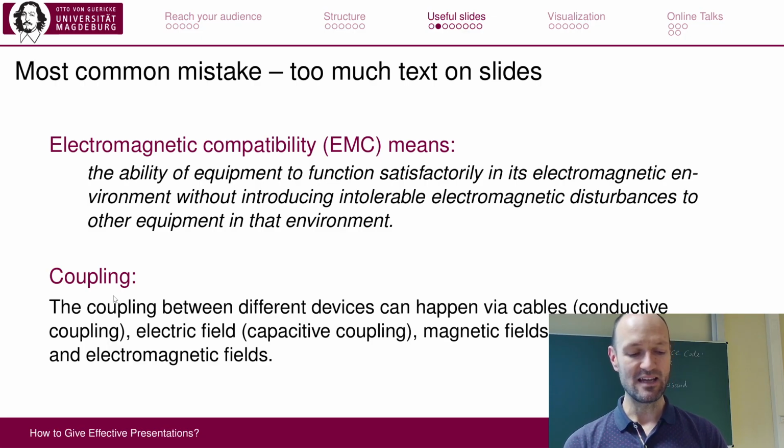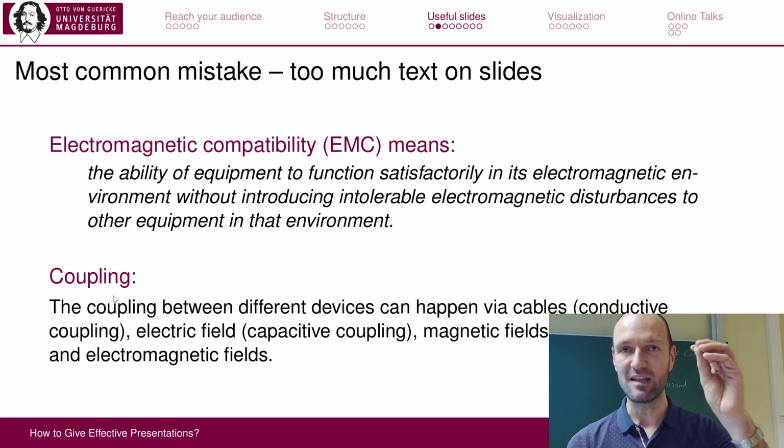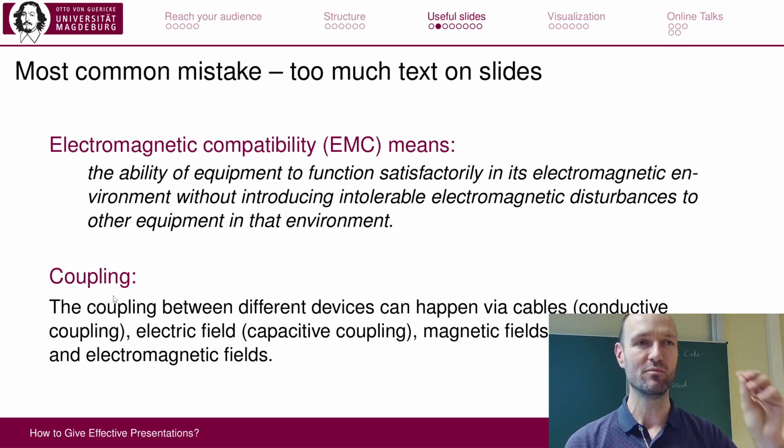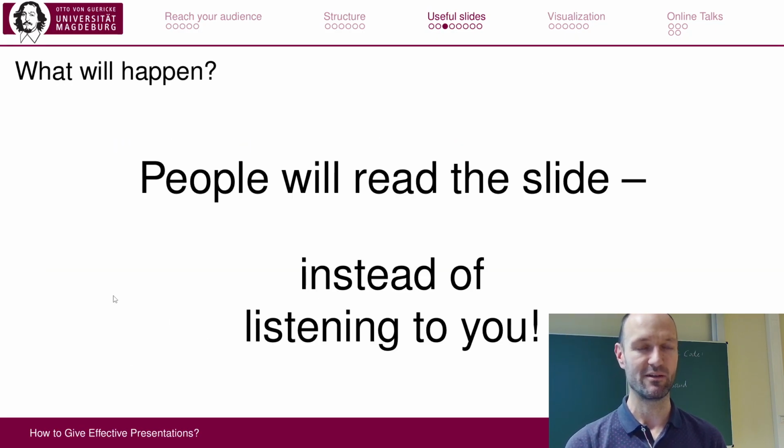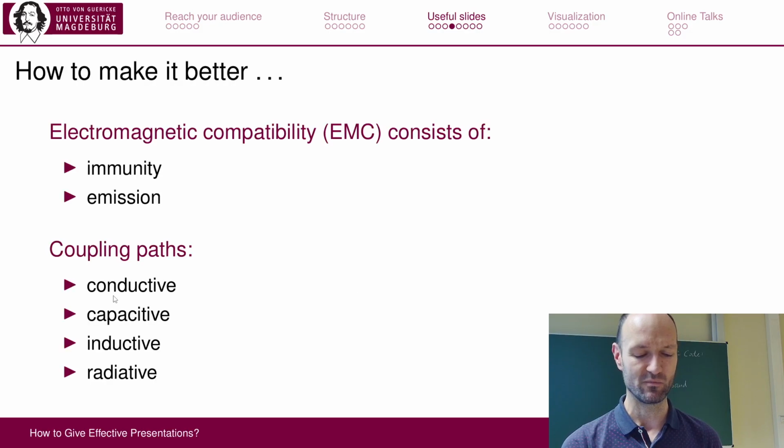Instead of text, if you need some information to help you remember what you want to tell, don't use full sentences, use headwords. People read the slide and will not listen to you. So use headwords only and say: electromagnetic compatibility is a field of electrical engineering, it's about emission and immunity.